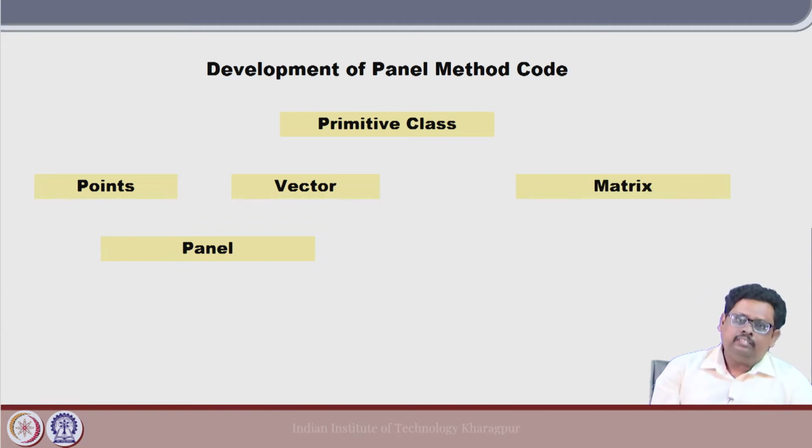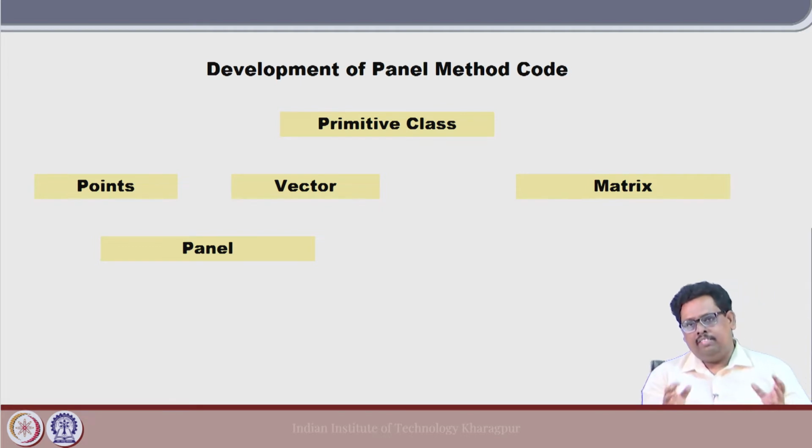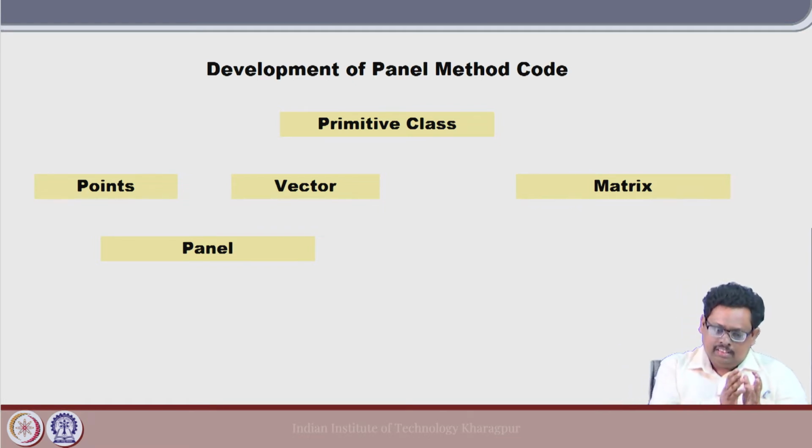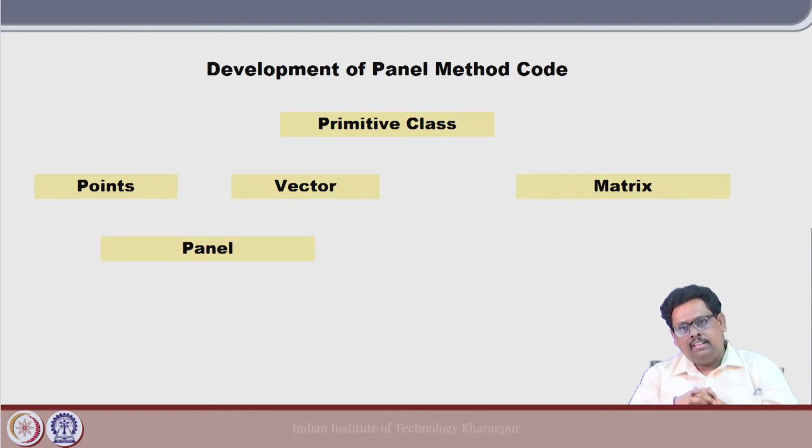And finally, another basic class that I write here is the matrix. Definitely, you are going to use the matrix. Why? Because if you remember, finally you are having an algebraic equation A x equal to b, right. So, in order to solve this equation, some matrix operations are required.